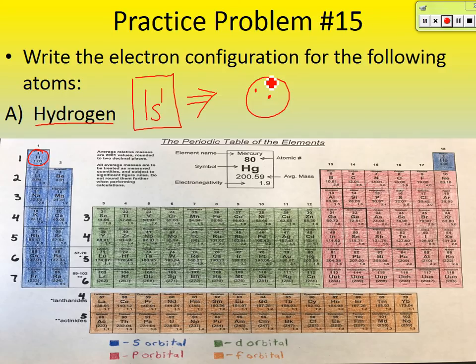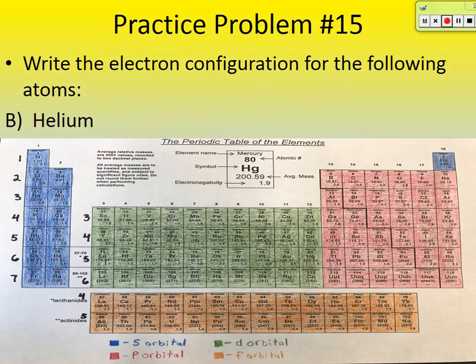So, instead of drawing it, which will become very messy as we get to larger atoms, as you can imagine, if we get 100 electrons here, that's going to get very complicated to draw. Chemists will write the electron configuration to help communicate how the electrons are arranged around the nucleus. Okay, let's continue on. This will make sense as we go through a few examples. I'm sure you'll catch on if you stay with me.